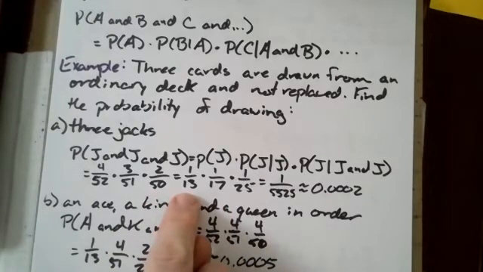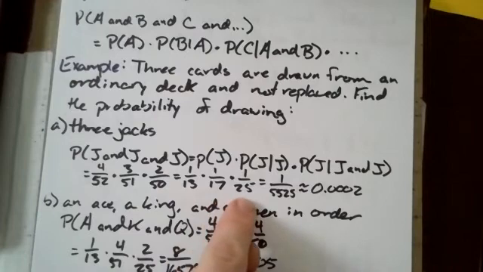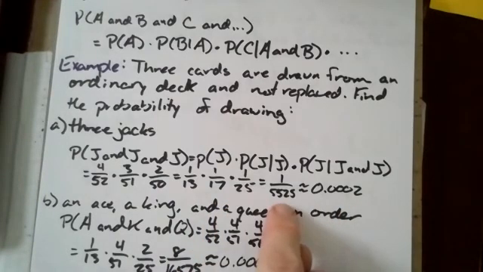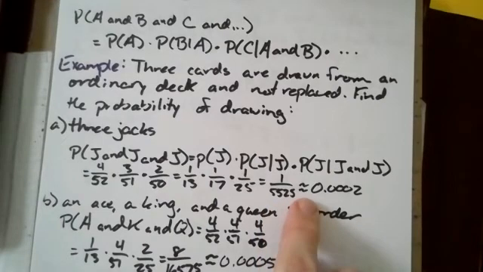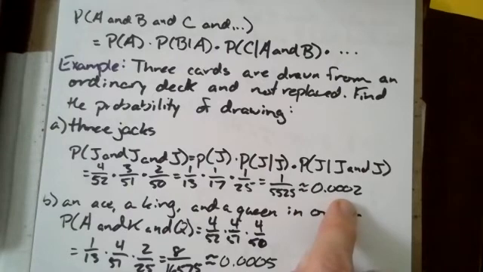So that's 1/13 times 1/17 times 1/25 when we simplify each of those, which is 1 out of 5,525, or about 2 10,000ths or 2/10ths of 1%. I'm sorry, 2 100ths of 1%.